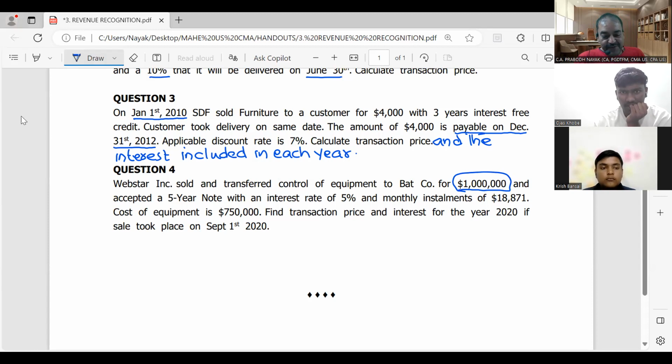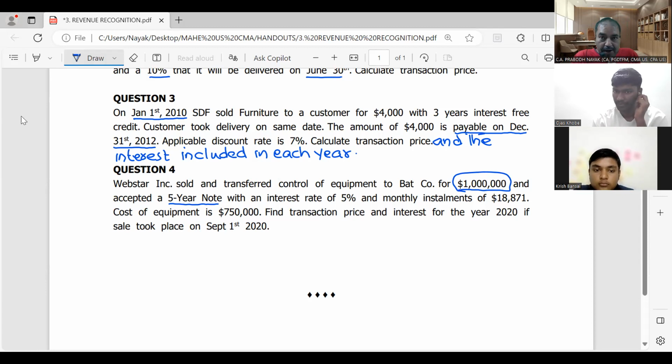They have said now that it has been sold and transferred. Transfer of control has taken place for $1 million. For that, a 5-year note has been accepted. That means you have taken actually a loan, to make the payment of that $1 million.